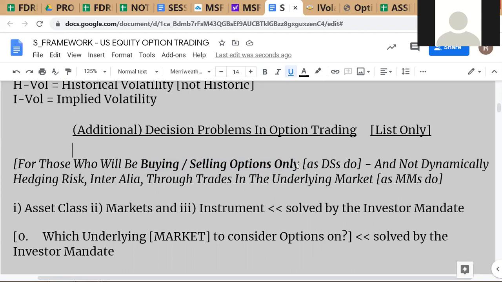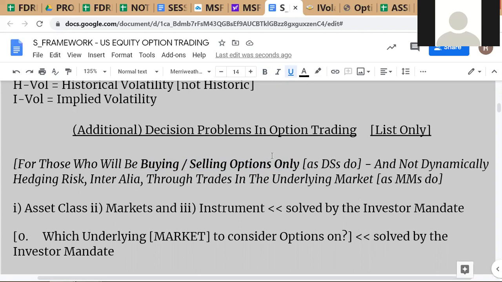So this DS is directional speculating. Remember that all the notes are continuous. These three subjects that you're learning, the material is all continuous. So whatever you covered in IPM, you have to remember all that, and you have to be able to use those concepts. DS stands for directional speculator. MM stands for market maker. All this theory is in your notes. If you have any problems, you have to ask me.